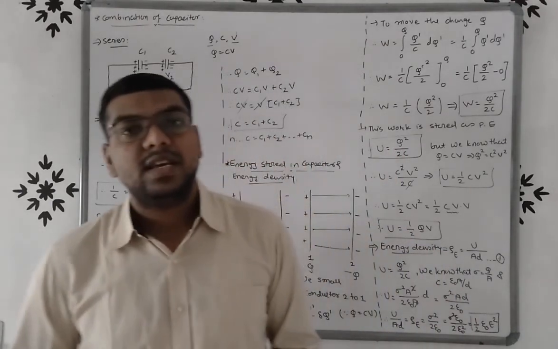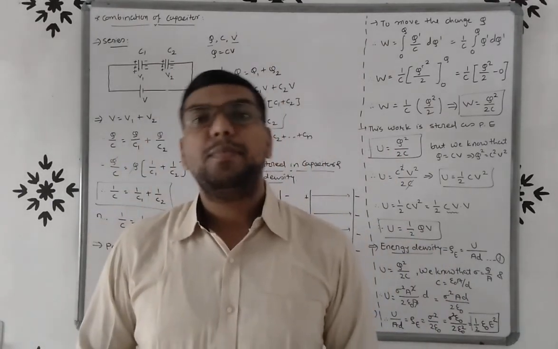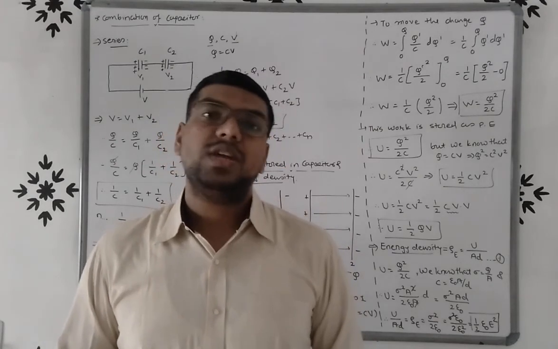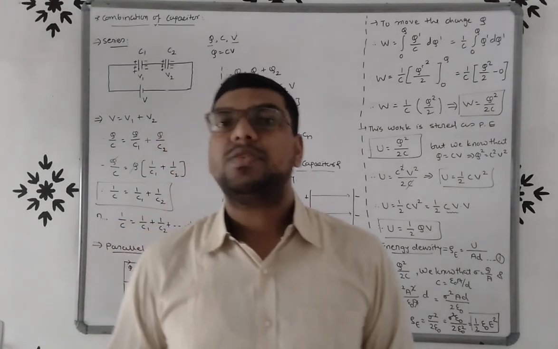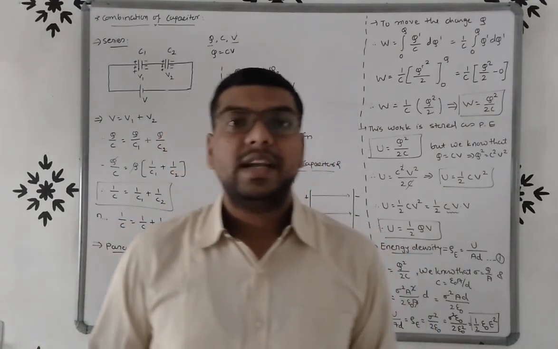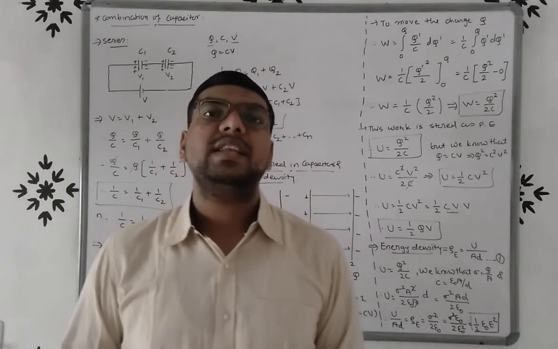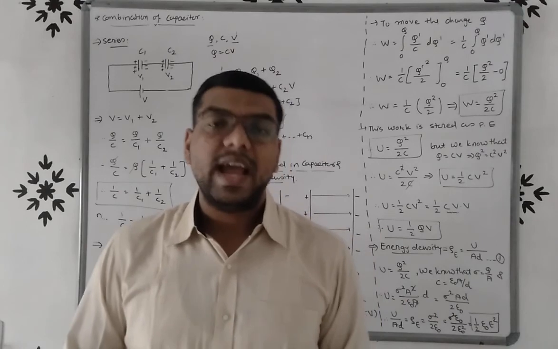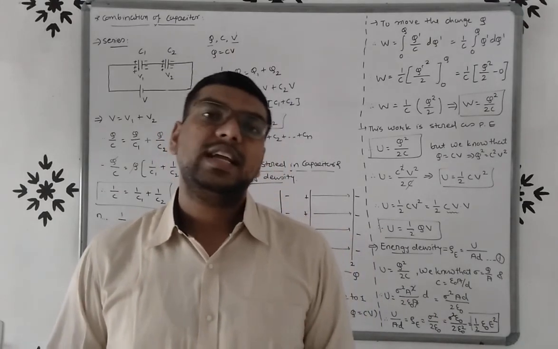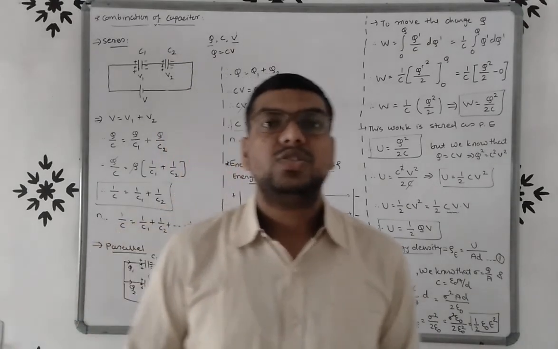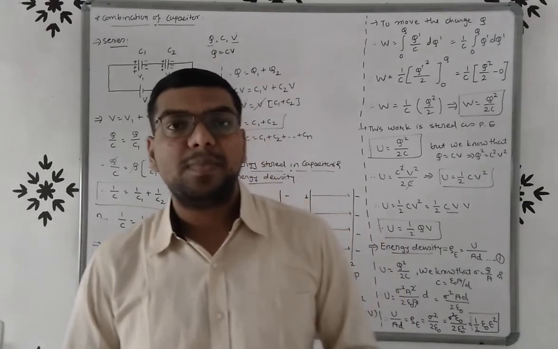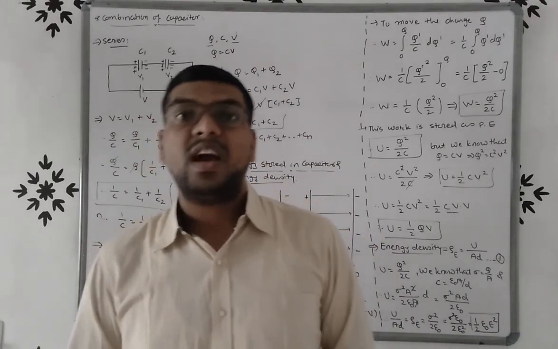So friends, this is a very important question for your examination. The question will be like this: derive the formula of energy stored in a capacitor and energy density. Right? So friends, you have to remember the formula also.